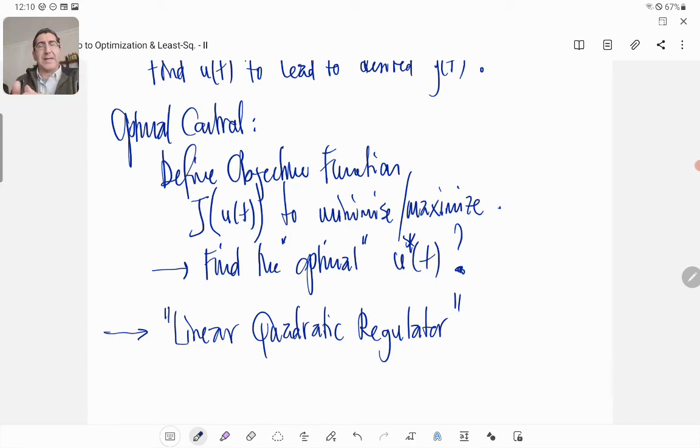What it's going to do is define an objective function, which will be a function of the input as well as some other things, and it's going to have a meaning, and minimizing that function will lead us to find an optimal control U star in order to drive the plant to the desired response. And in order to do that, we will use concepts of optimization and optimal control theory.